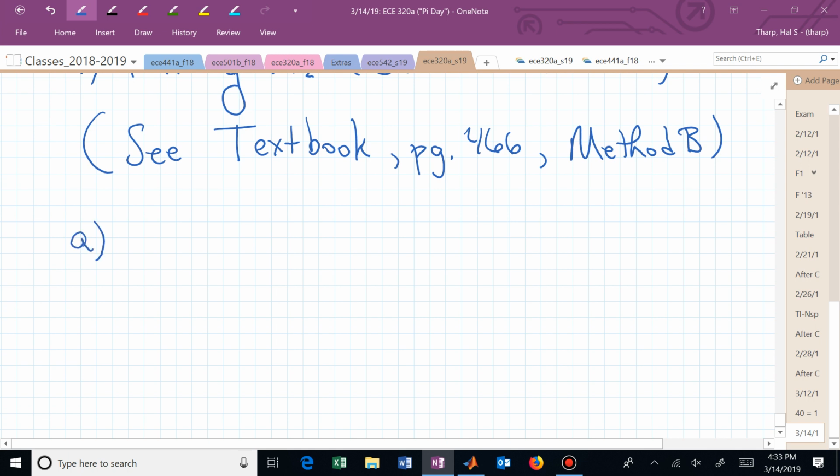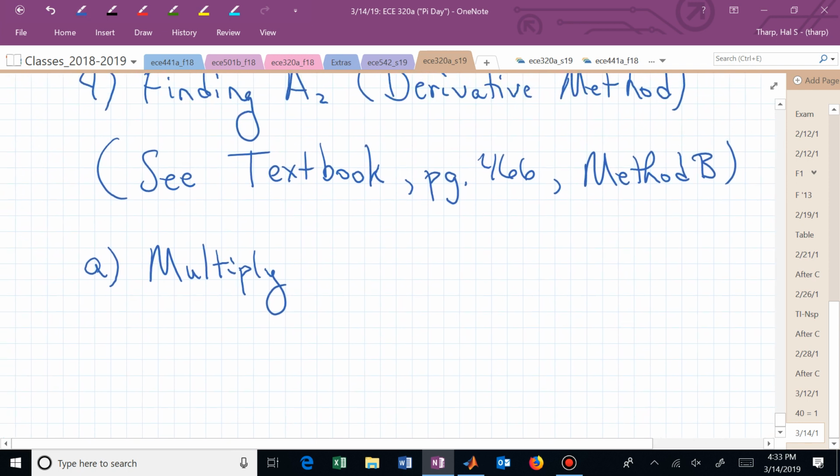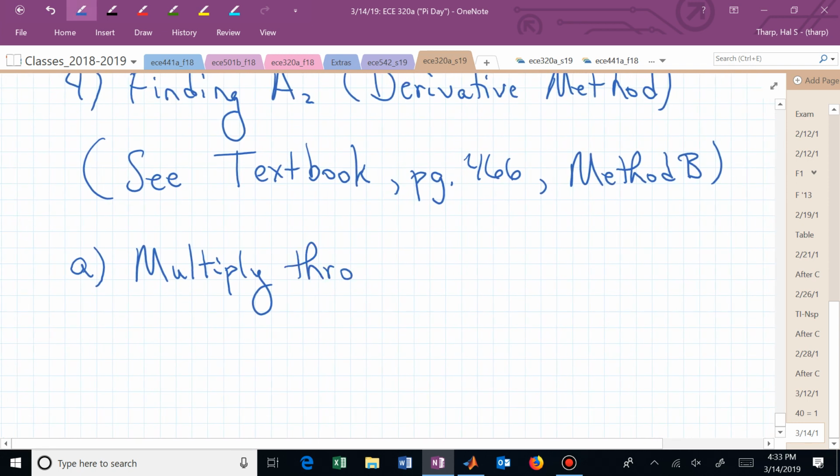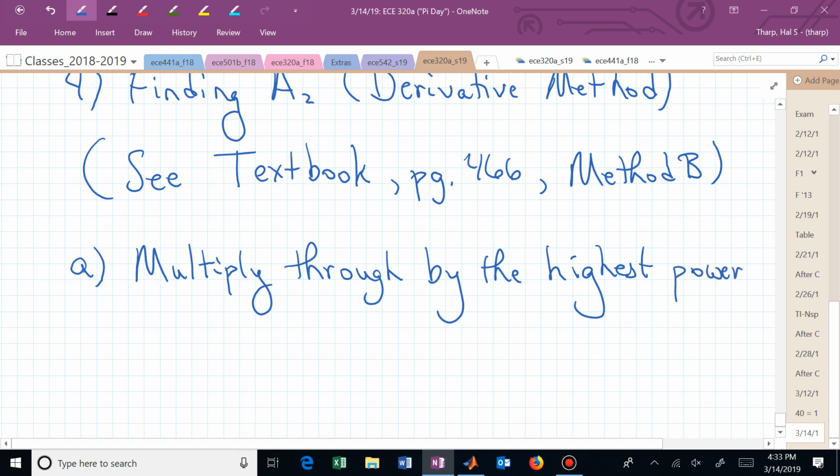First step in this is to go ahead and multiply by the highest power factor of that repeated root. So multiply through by the highest power of the repeated root factor.